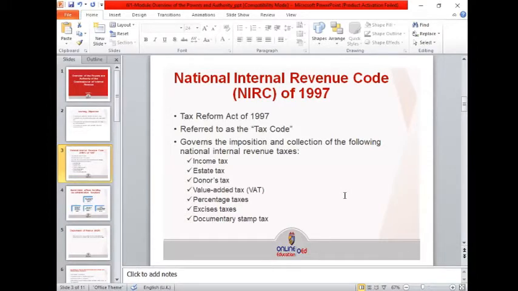Okay, so those taxes which are part of the National Internal Revenue Code of 1997 are the national taxes governed by the BIR, or the Bureau of Internal Revenue, to exercise the taxation power when it comes to collection of those taxes from the taxpayers.